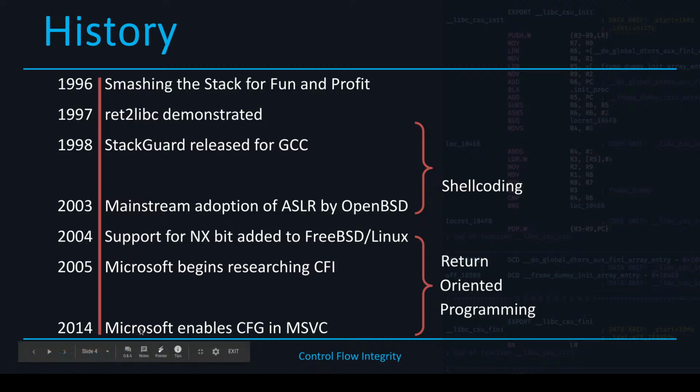And now we're seeing Microsoft enabling more and more control flow integrity mitigations to try to stop return-oriented programming and that technique. And so I think it's going to be a really interesting couple of years as we see attackers try to find ways to break this implementation and try to find ways to get around it and continue to find new and creative techniques to do malicious actions.